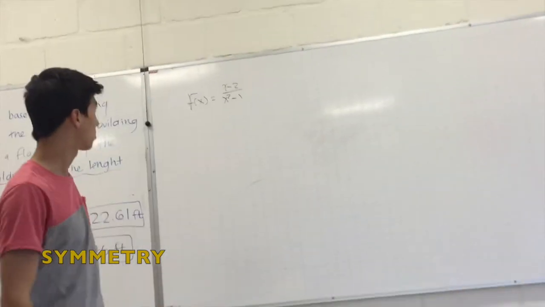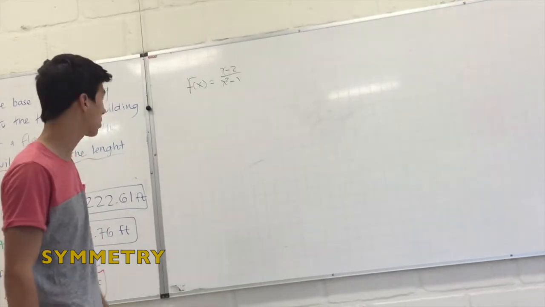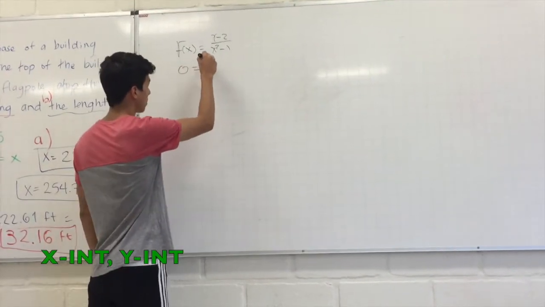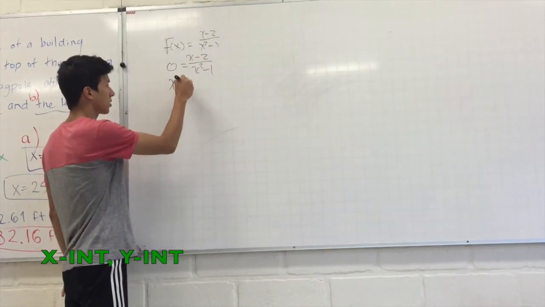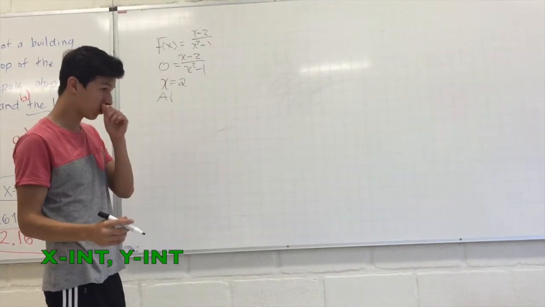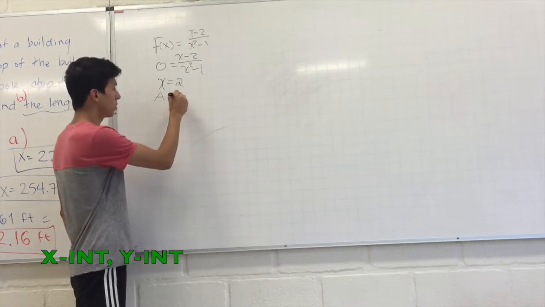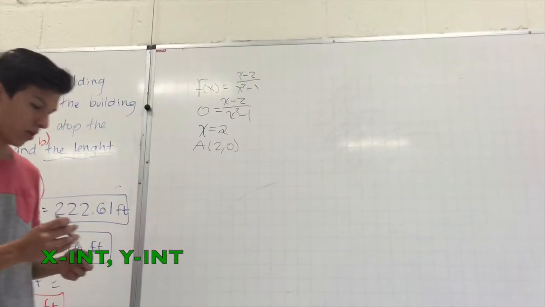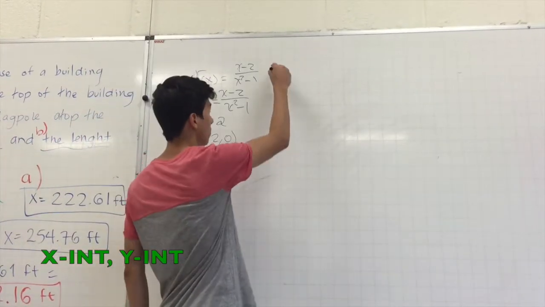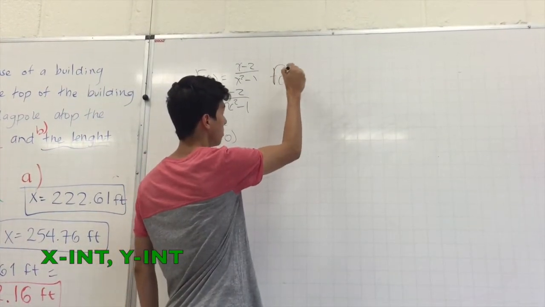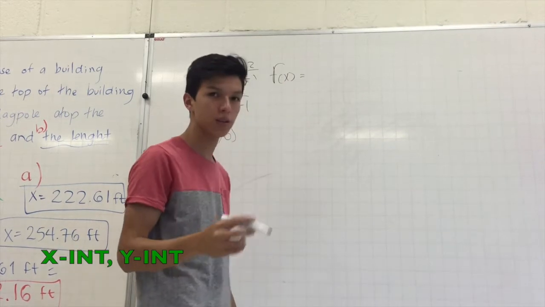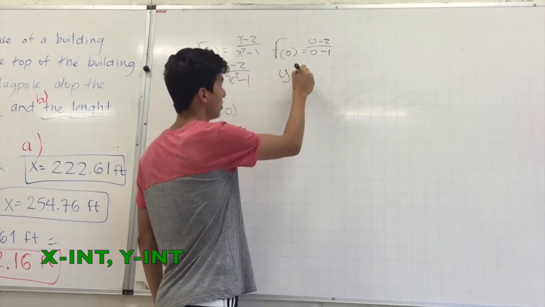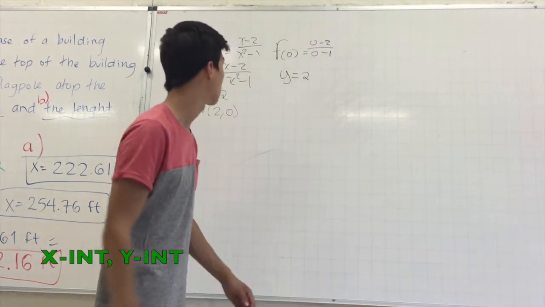So now to find the x-intercept, we have to equal y to 0. So that will give us x equals 2. The point where y is 0 would be (2, 0). Okay, so now the y-intercept. In order to find that, we equal x to 0. Y is equal to 2, positive.